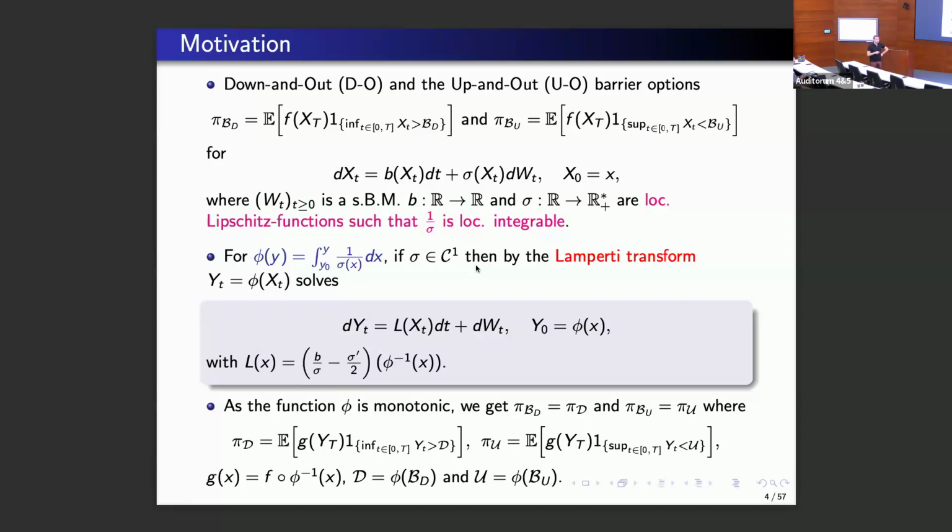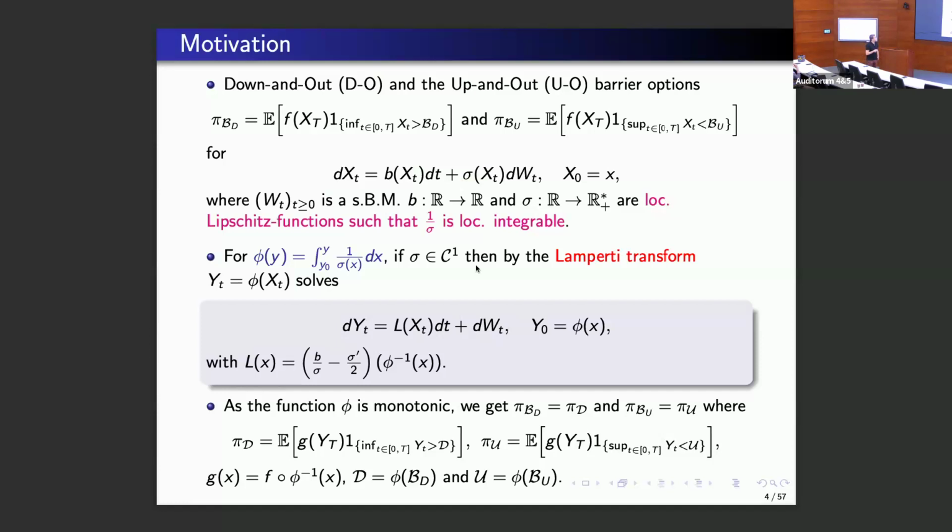So it's quite close to the problem mentioned by Mike, where you have an indicator. He mentioned the digital option, where just the value of the process at terminal time T is involved. But here we have a bit more, since we have a running minimum or running maximum.